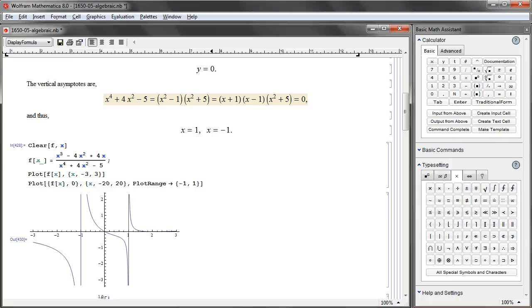When x is close to 1 but a little bit less than 1, the graph is going down, which means the y-value is going to negative infinity. Why do I have this sign change? Around an odd multiplicity, we are supposed to have a sign change, don't you remember? It's like multiplying by negative to the odd power. So we have this kind of splitting behavior. And the same thing goes for x equals negative 1.